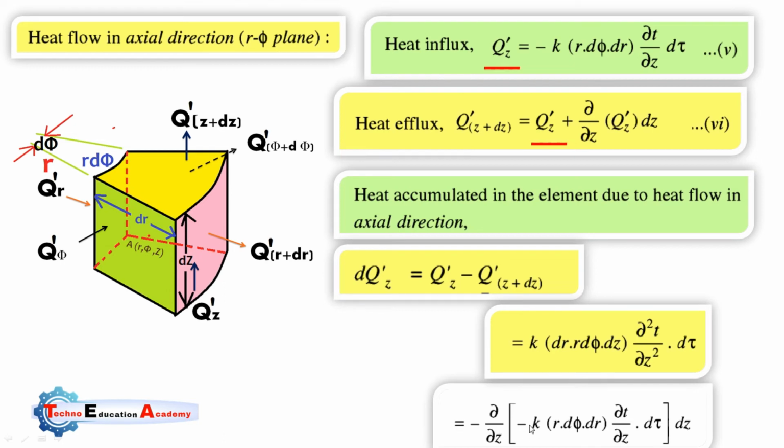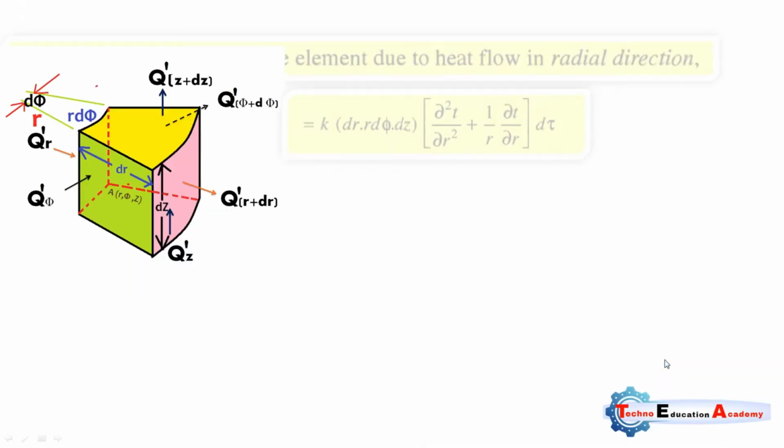Further we will simplify this equation here, minus minus plus, and separate the term dr into r dφ into dz, and this del by del z is multiplied with this term, so del square T by del z square into dτ term. Okay, so this is the simplified form of this equation, which is the net heat accumulated in the axial direction.